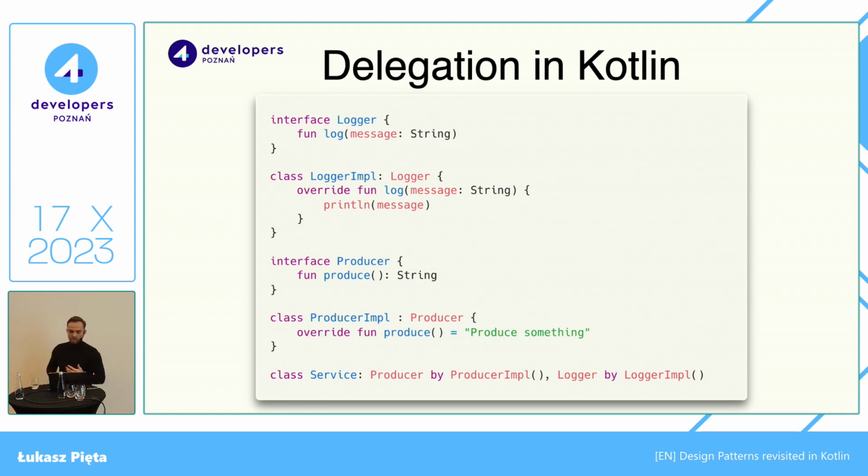And that's how we can separate these two components from each other, because now this implementation doesn't need to be in one place, because first of all, we have interface segregation, but it doesn't help us with this implementation. So using the delegation in Kotlin, we can just compose blocks, right? We can compose them using delegation in Kotlin.